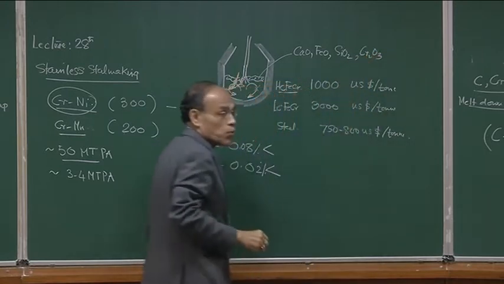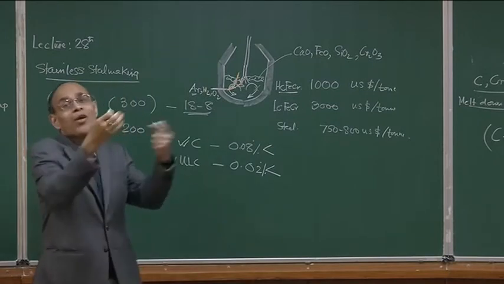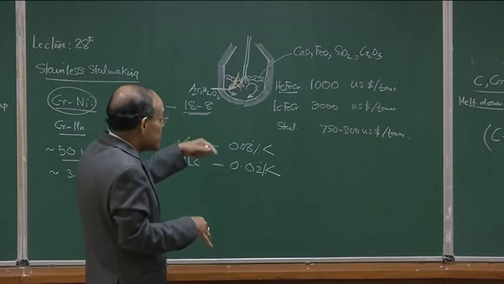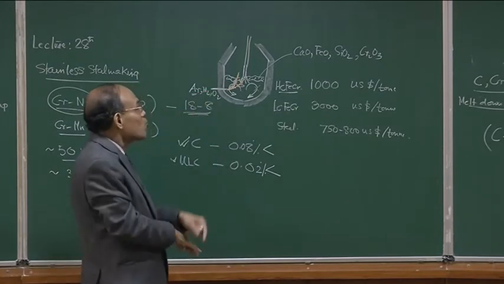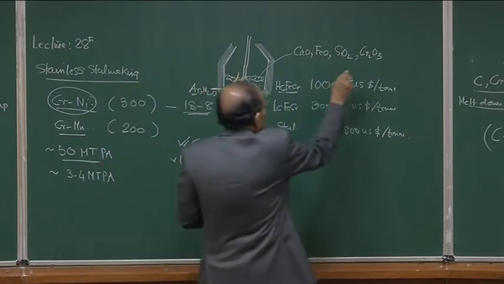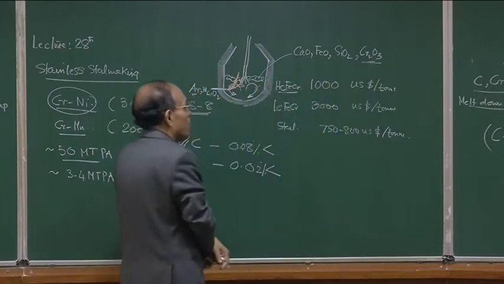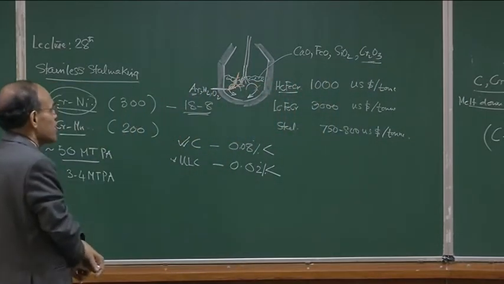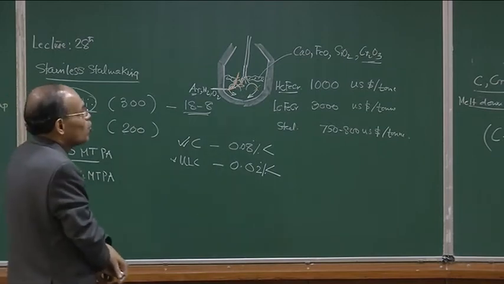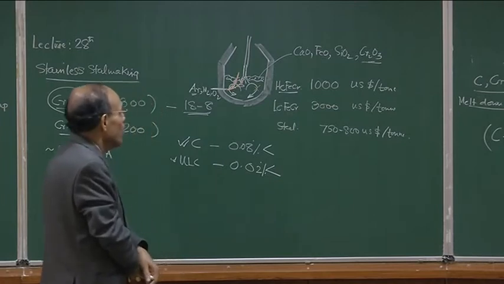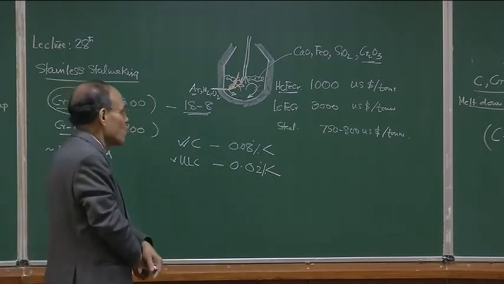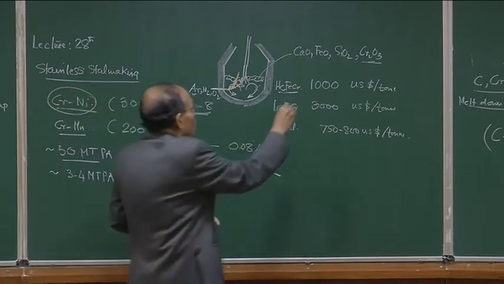chromium oxide also, because 100% chromium you will not be able to win back. There is going to be some, because the chemical efficiency, as I said, is not so high in the system, and therefore the slag will also contain some amount of Cr2O3 and other oxidizable elements. If you have aluminum also in steel, as a result of deoxidation, that alumina can also go, phosphorus if it is there, that will also go as phosphates and so on and so forth.